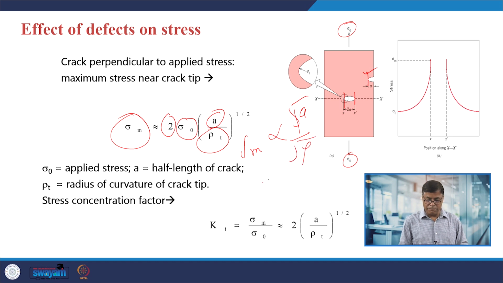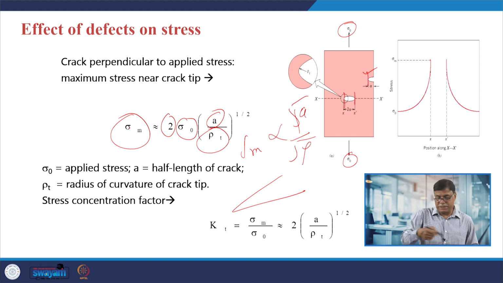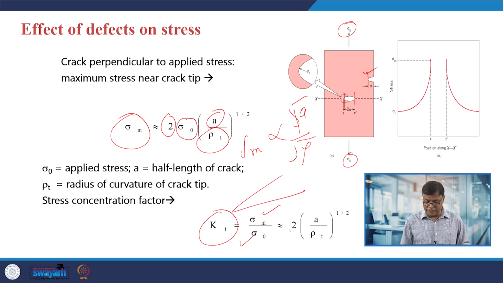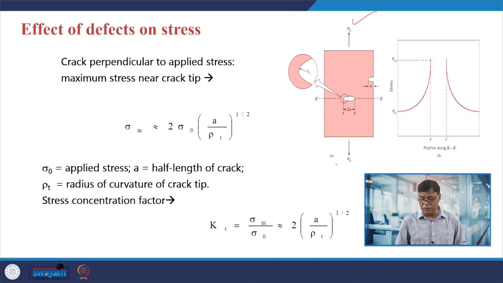So, if the crack tip is sharp, then the stress concentration will be too high and the maximum stresses will be very high. That is what we can see here in this diagram. The ratio of the maximum stress and nominal stress is known as the stress concentration factor, and that we can see from this: twice the square root of A by rho t. If this is the internal defect, for externally applied nominal stress sigma naught, the presence of this internal defect of size 2A will affect the stress distribution.